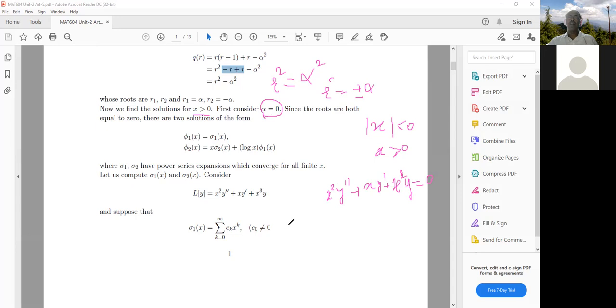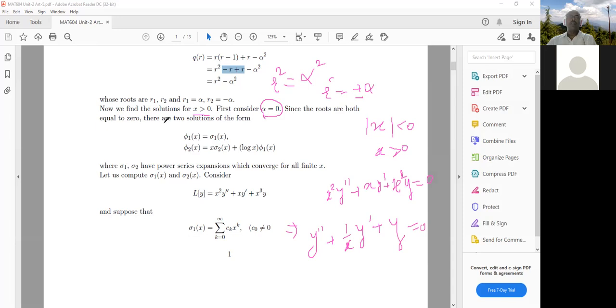And if you divide this equation by x square, we get y double dash plus 1 upon x into y dash plus y is equal to 0. So we have this Bessel equation whenever alpha is equal to 0.